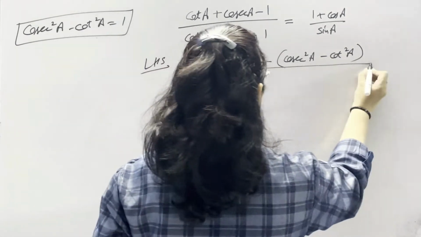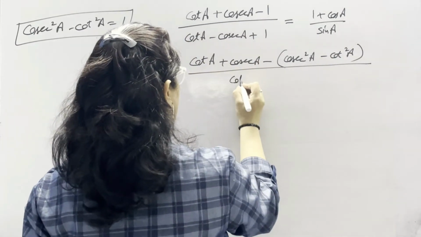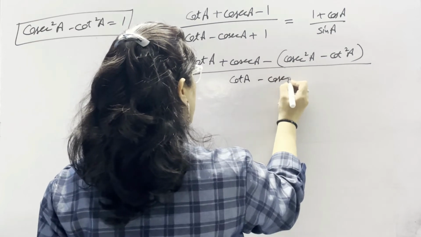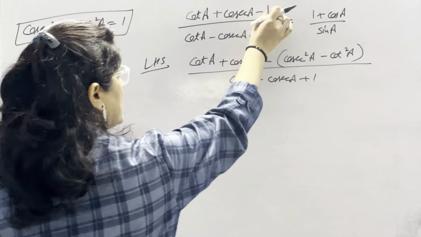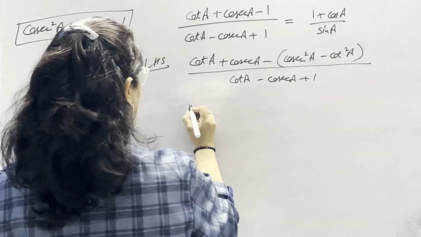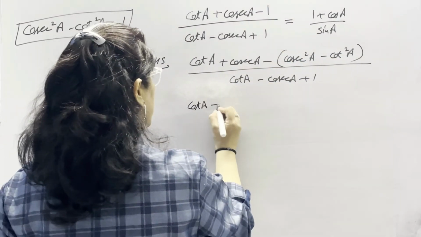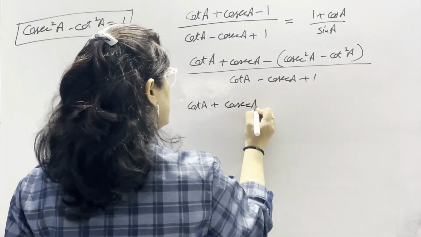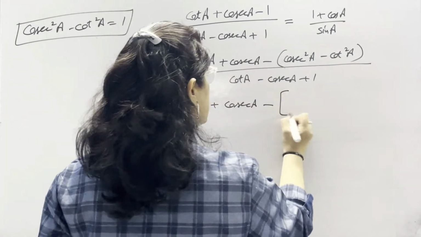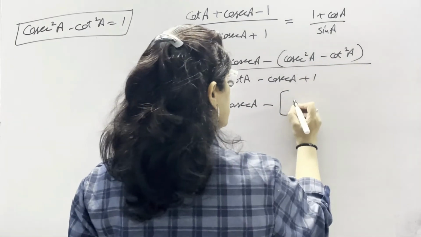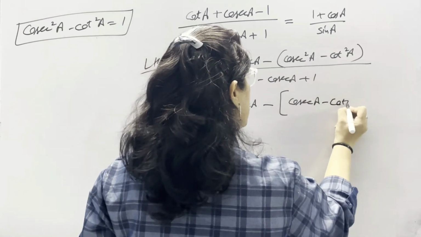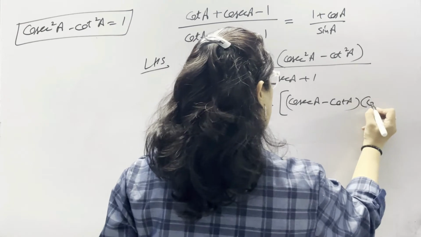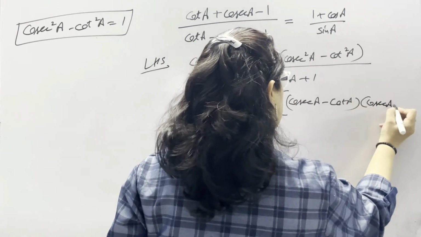So, instead of 1, we are writing cosec square a minus cot square a. In the denominator, we need not change anything. So, as it is, cot a minus cosec a plus 1. Now, cot a plus cosec a minus, this is a square minus b square, so a minus b and a plus b.